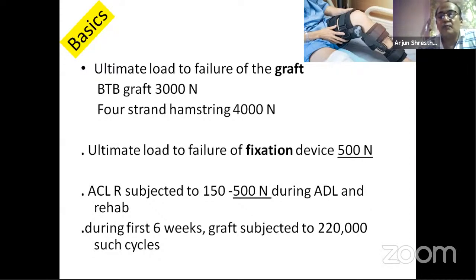So there is a very limited difference between these activities and the load bearing capacity of the fixation. We should be very careful about the early rehabilitation program and activities, especially when you are not satisfied with the fixation or the patient is osteoporotic. During the first 6 weeks, the graft is subject to 220,000 such cycles. So the repeated force can cause graft failure.